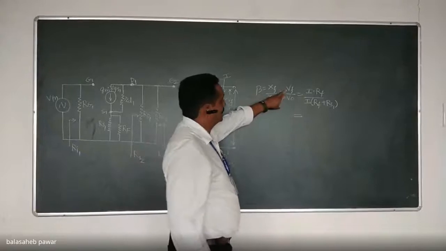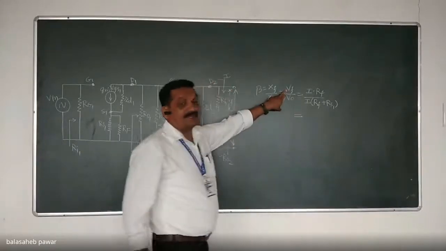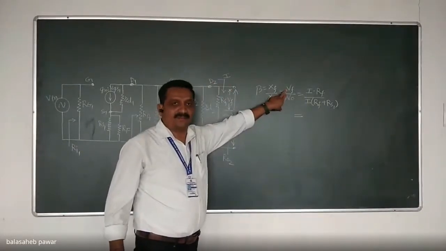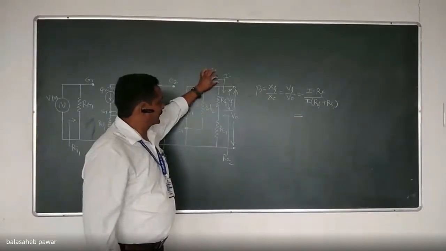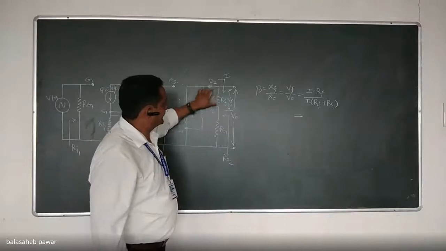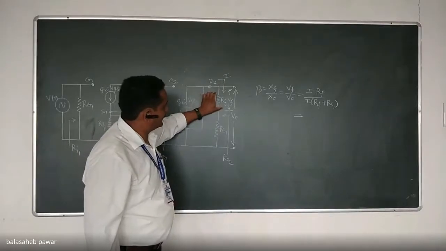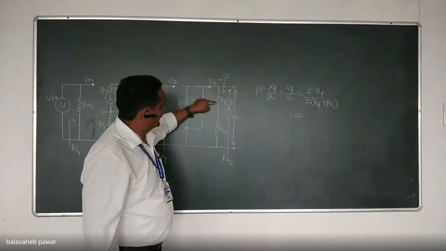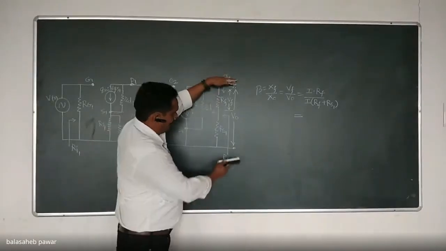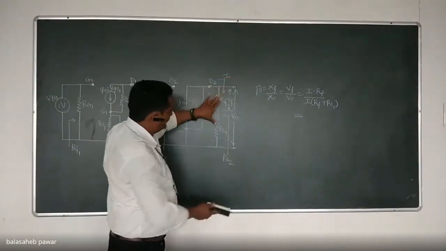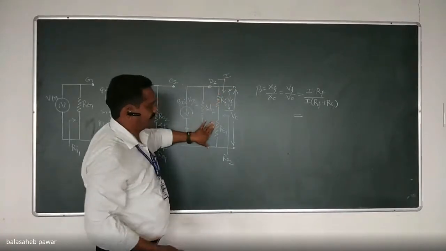VF is the feedback voltage, that is the drop across that feedback resistor. We are considering the current flowing through this series combination as I, and hence the voltage drop across RF will be I into RF, divided by VO. VO is the voltage drop across this series combination of RF and RS1.